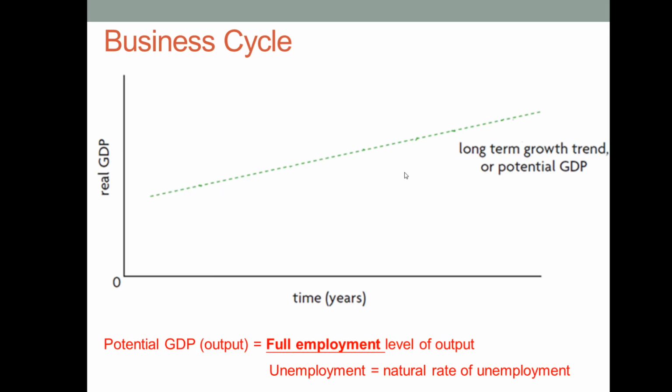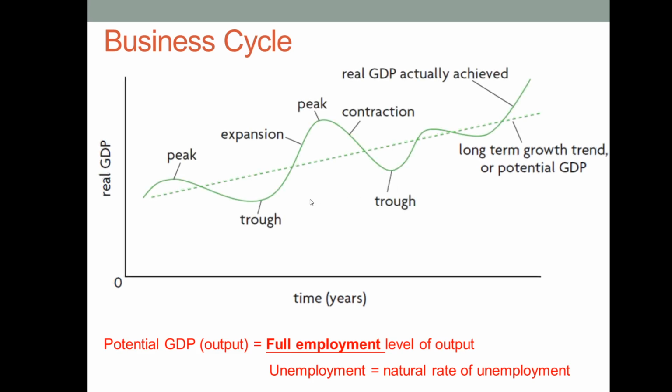There are so many different incidents happening every day, and that's why it is almost impossible to go along this potential output trend. And that's why you will see another curve here.